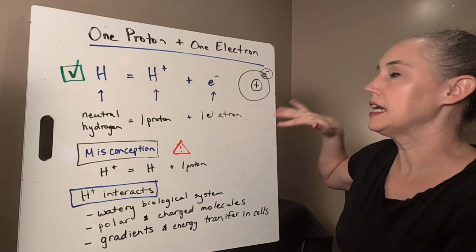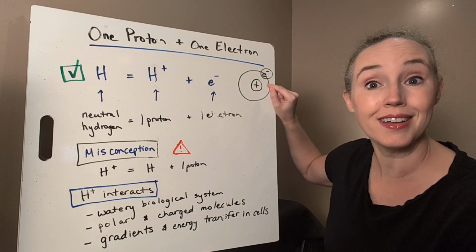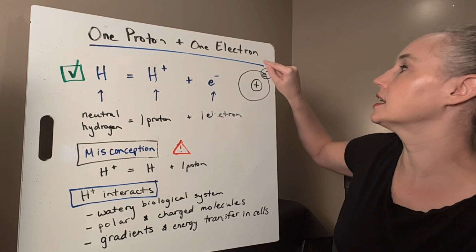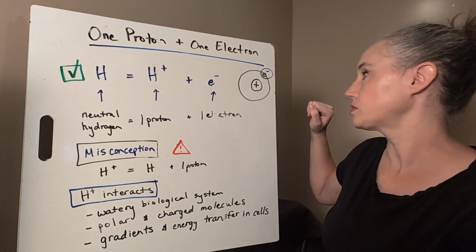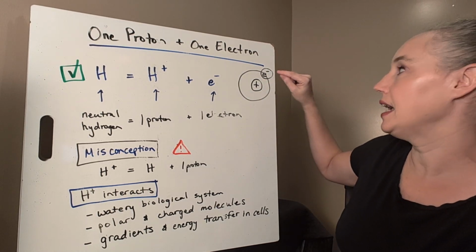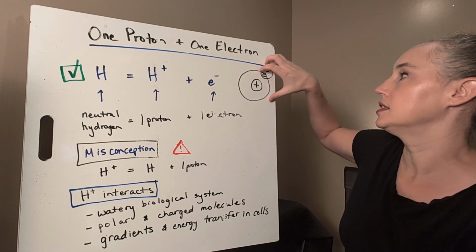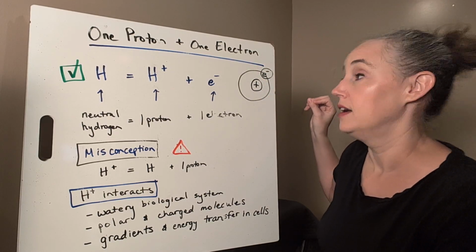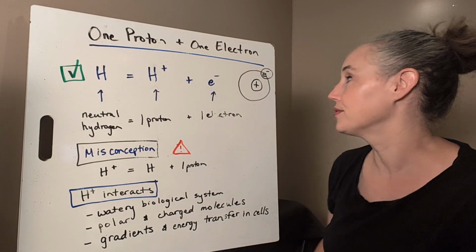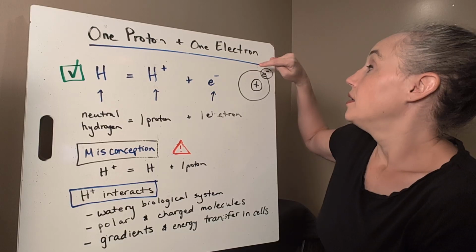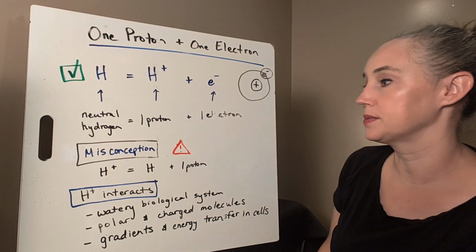So if we're looking at a very simple atomic model, you have your proton in the nucleus, and then the electron is surrounding it in an electron cloud. In this case, this makes a neutral hydrogen atom, and when we take the electron away, which often happens, electrons are always moving from place to place, we are left with just a proton, H plus.